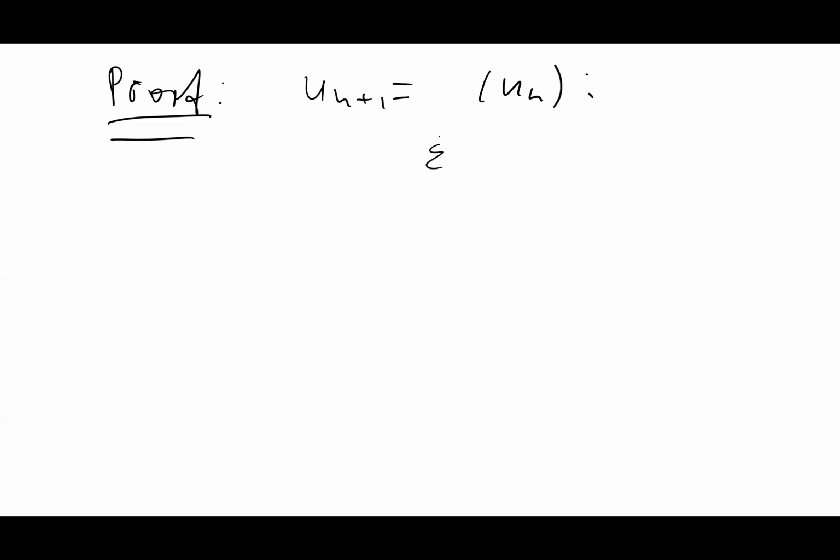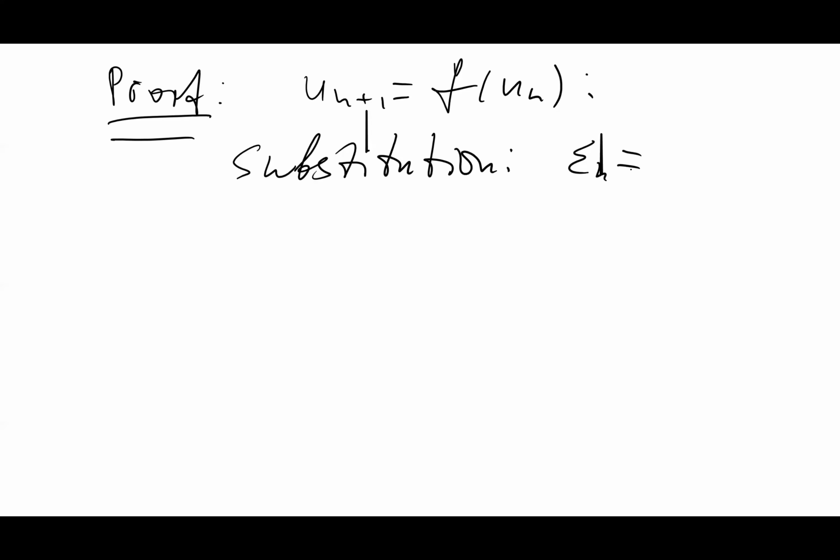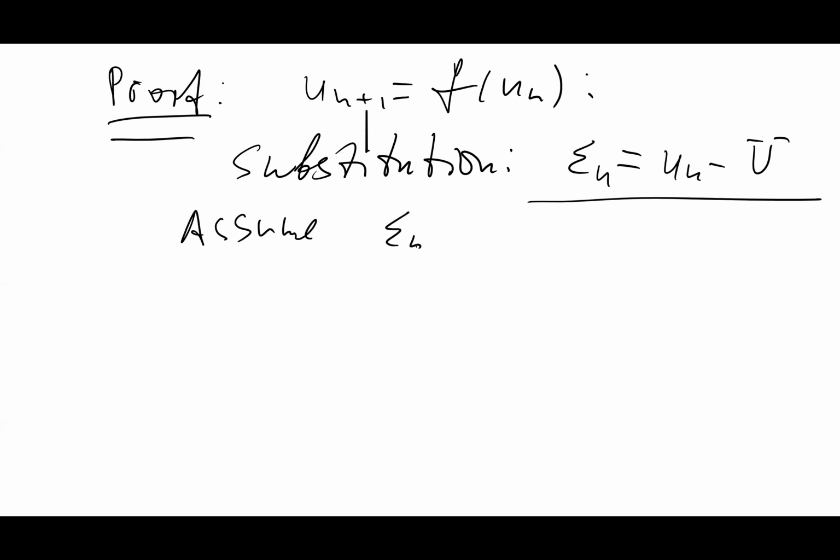I will make a substitution: epsilon_n equals U_n minus U capital, and assume epsilon_n is much smaller than 1.